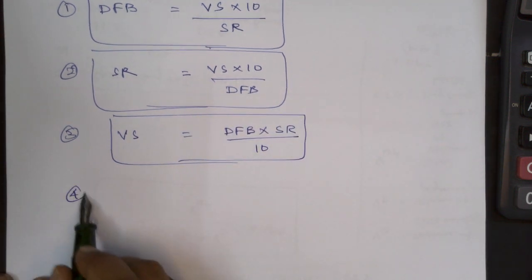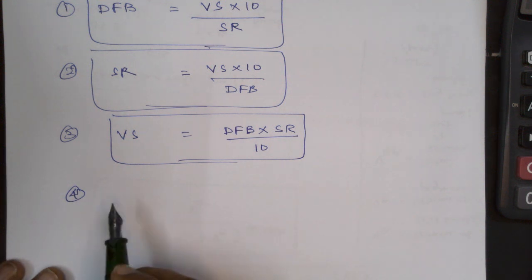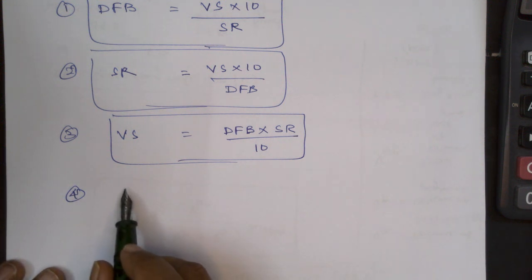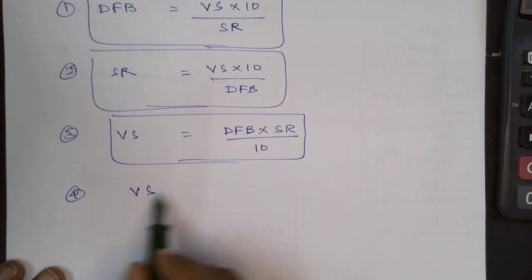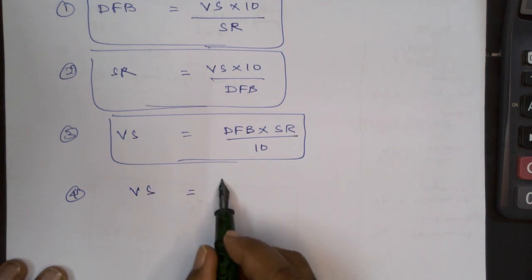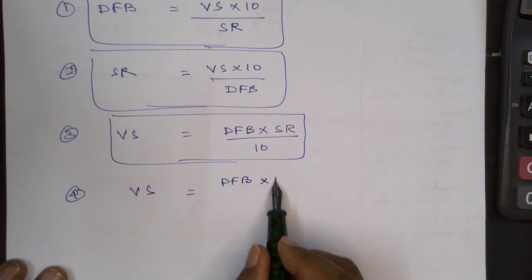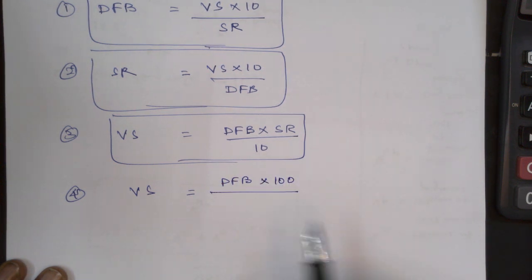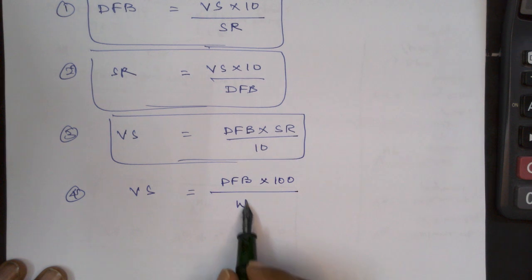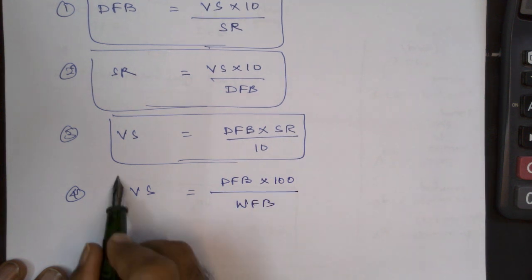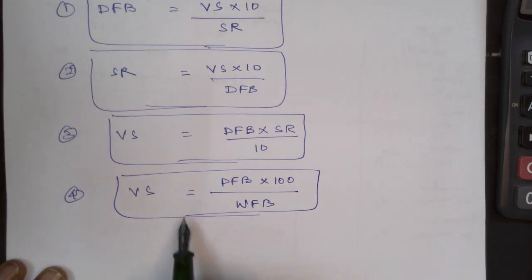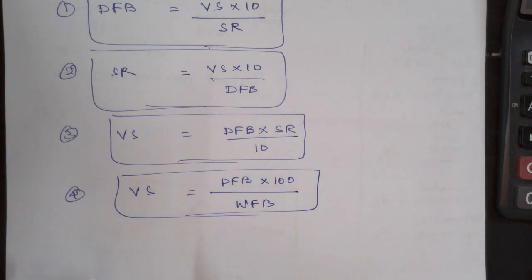And the fourth one is, you can work out volume solid based on the equation: volume solid is equal to DFB into 100 divided by WFB. Okay, so we can make use of all these equations so that we can determine the quality of the paint.